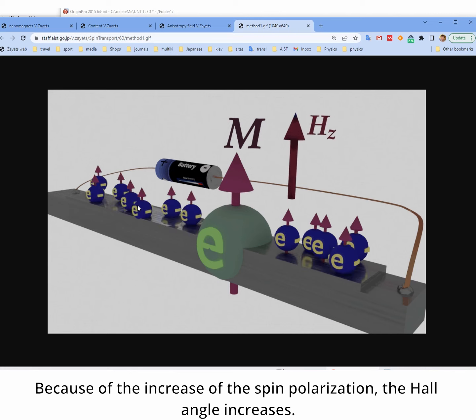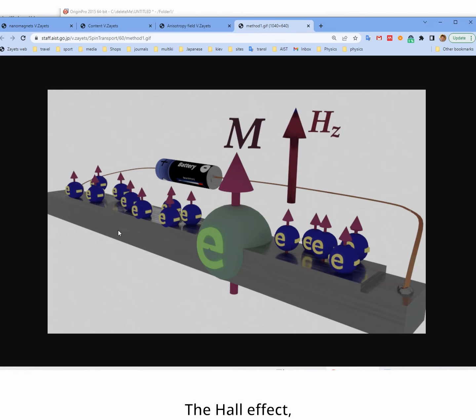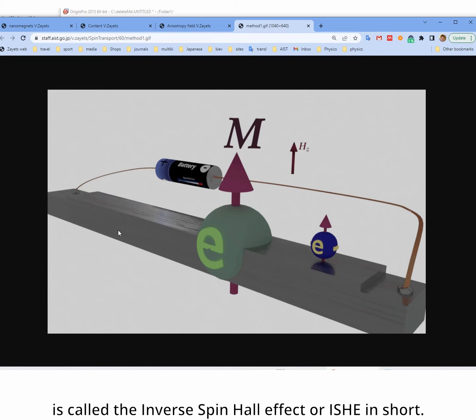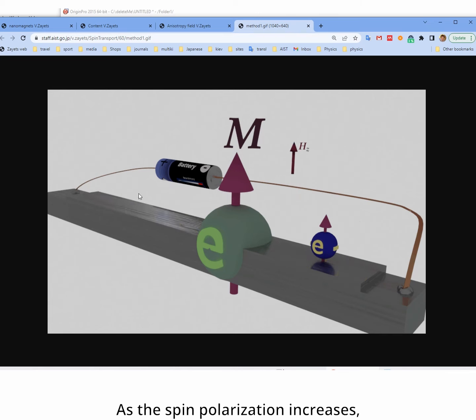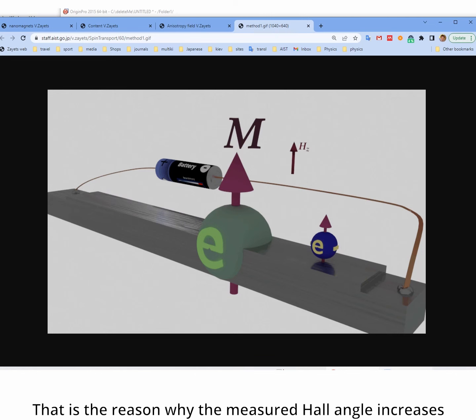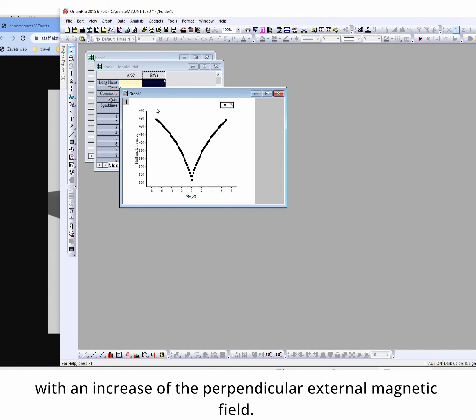Because of the increase of spin polarization, the Hall angle increases. The Hall effect, which is proportional to the spin polarization of conduction electrons, is called the inverse spin Hall effect, or ICHE in short. As spin polarization increases, the inverse spin Hall effect increases as well. That is the reason why the measured Hall angle increases with increase of perpendicular external magnetic field.